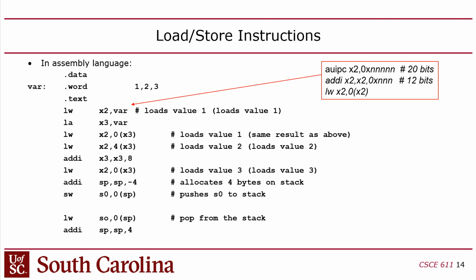I can also add the value 8 to the address, as I do in the addi instruction here, and then use the result as a base register, which will load the third element of the array, because I increment my address by 8, which will advance the pointer in x3 past the first two elements in var, and point it to 3.